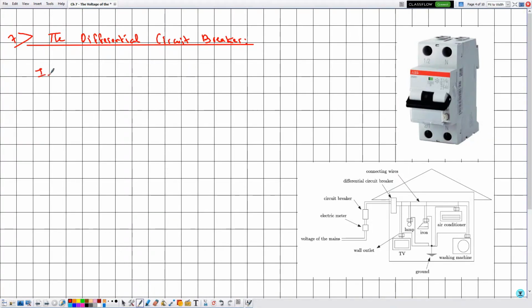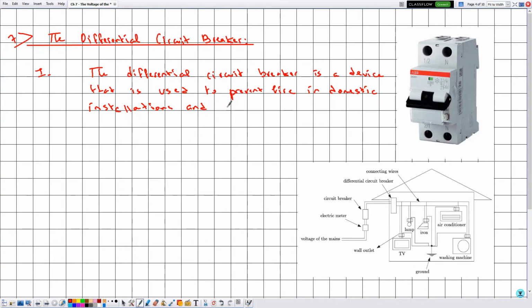Idea number 1 is to say that the differential circuit breaker is a device that is used to prevent fire in domestic installation and protect people from electrocution.